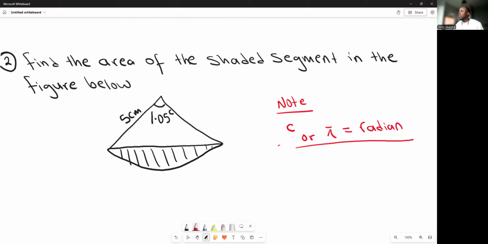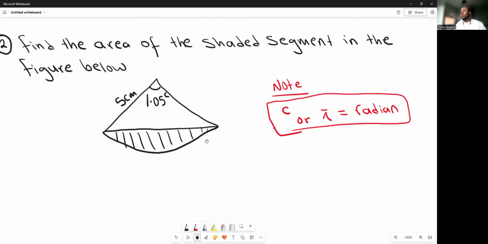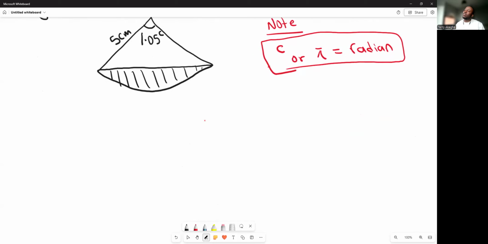Please don't forget this, it's very important. In this example, the 1.05 has a superscript c, which means the angle was given in radians, and therefore we have to work with radians.